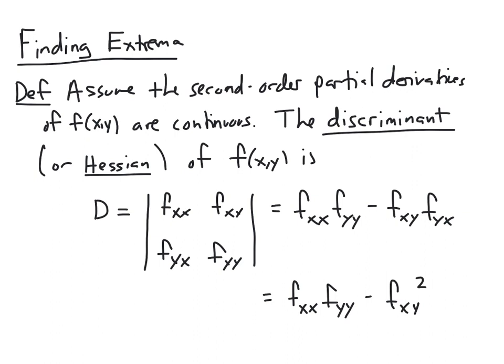And so given a function of two variables, this quantity fxx fyy minus fxy squared is called the discriminant of that function. And it turns out that this expression is one of the key factors in whether a function has a local min or a local max at a critical point.